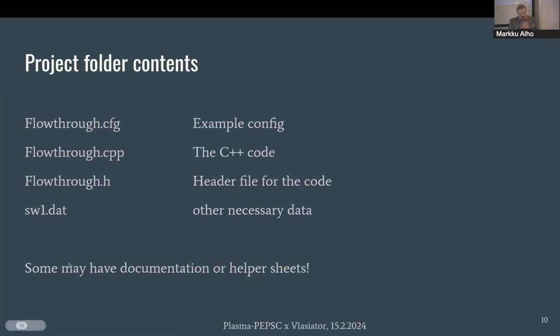And if you start browsing the project folder, you can see that some of these projects may have documentation or helper sheets that might come in handy. Some do not, which is a bit unfortunate. And I put up a quick short listing of these projects in the study materials as well, so you can check that out with some quick notes on what these projects are.